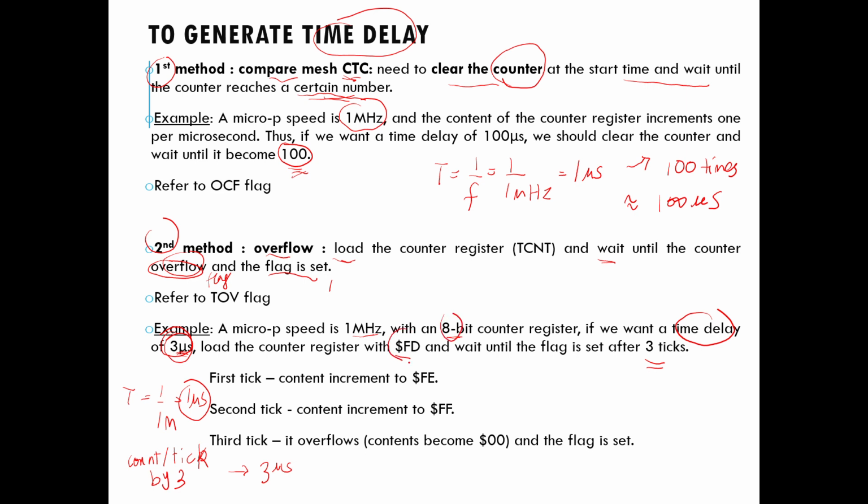Because this is 8-bit, once you have the first tick, the content will be increased by 1. If you load your counter register with FD, increasing by 1 you get FE, and then increasing by another 1 you get FF.